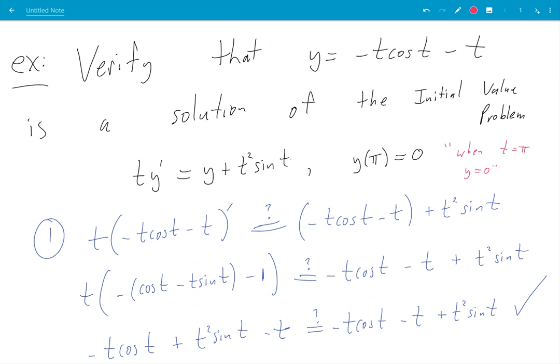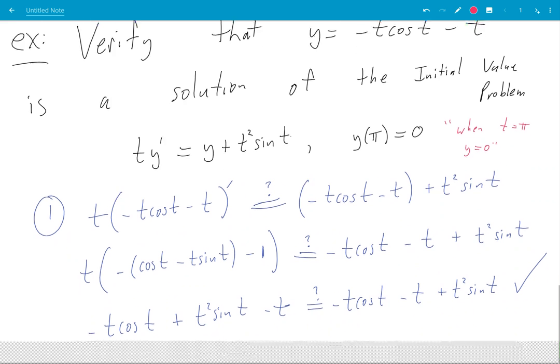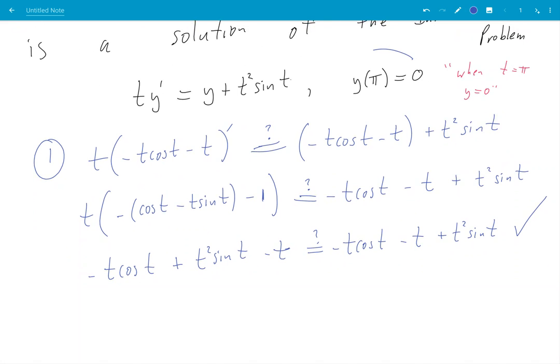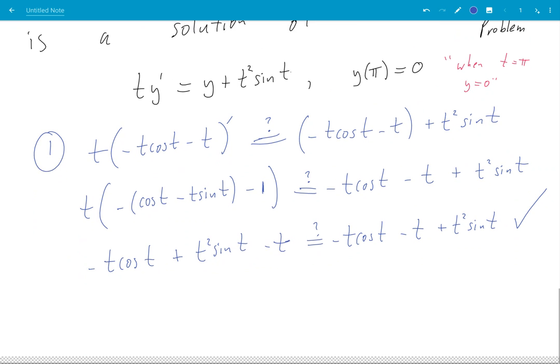Pause and copy. So I have t y prime is equal to, hopefully, y plus t squared sine t. And it works out.